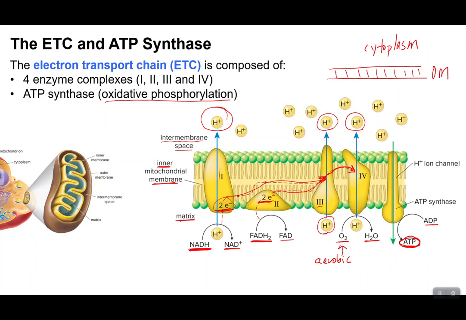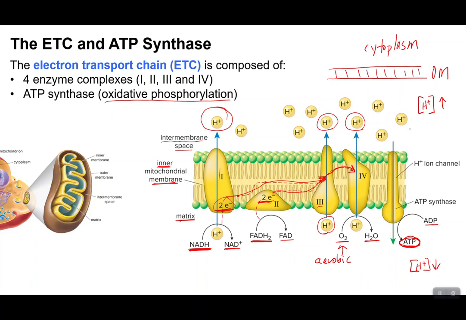All right, so from here, the thing to note is that we are accumulating protons in the intermembrane space. The proton concentration in the intermembrane space is going to be higher than the proton concentration in the matrix. It is going to be much lower in the matrix. And it is this accumulation of protons that is going to drive the synthesis of ATP.